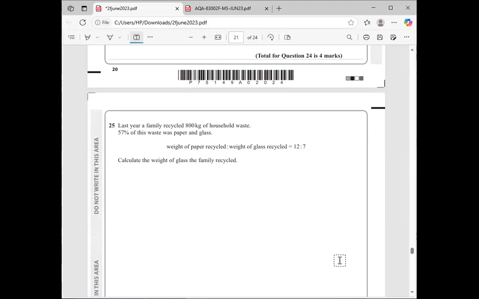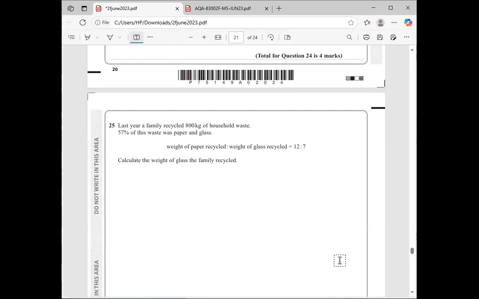Do you multiply the percentage by the amount first? Okay, to get, since he said 57% of this waste was paper and glass.